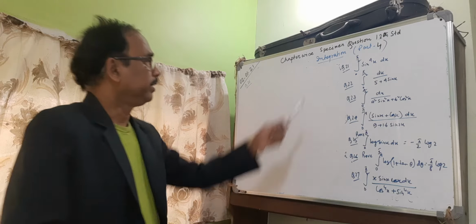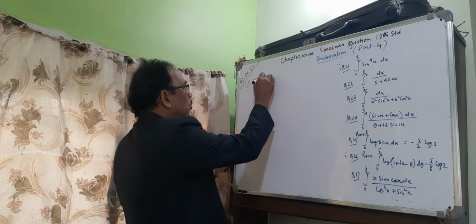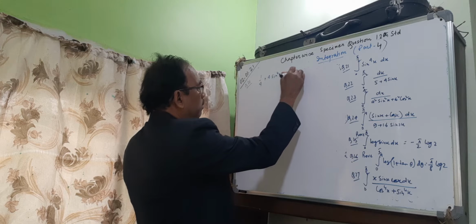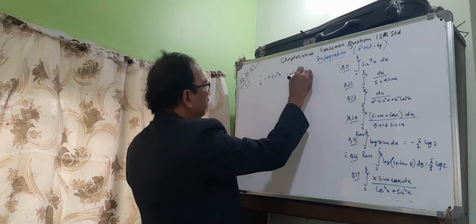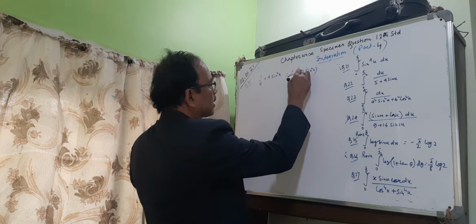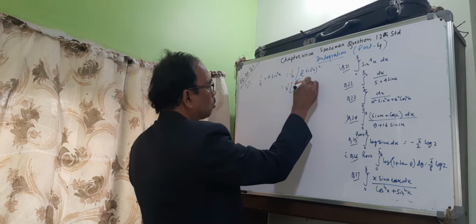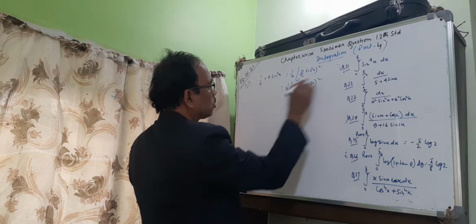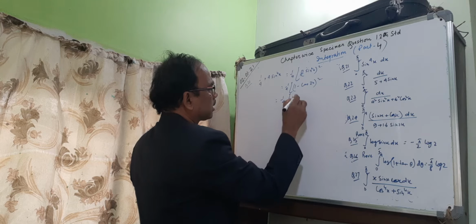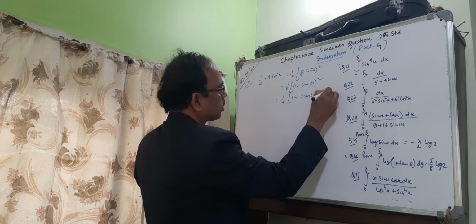12th standard. Here, sum number 21: sine to the power 4x we can write as 1 by 4 into 4 sine to the power 4x, that is 1 by 4 (2 sine square x) whole square, that is 1 by 4 (1 minus cos 2x) whole square, that is 1 by 4 (1 minus 2 cos 2x plus cos square 2x).